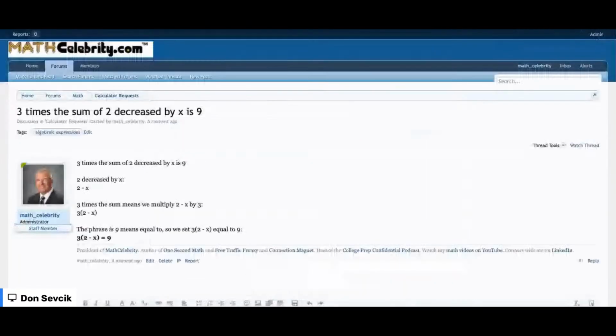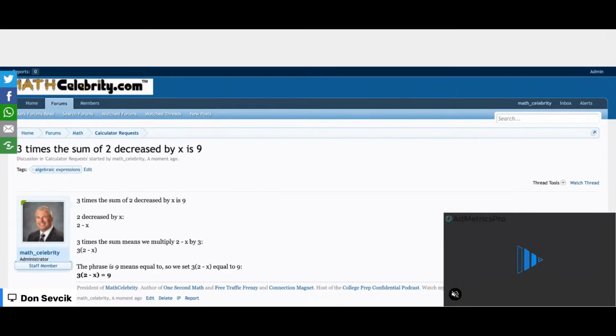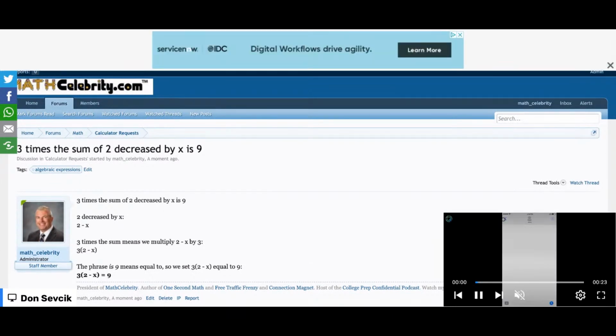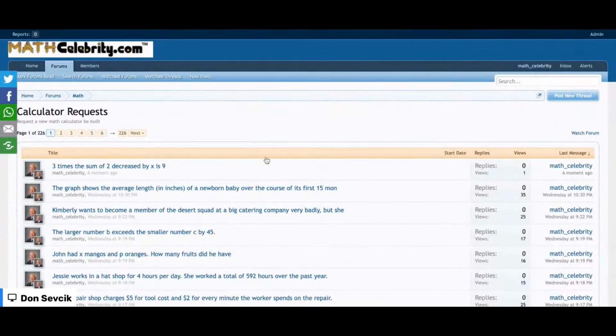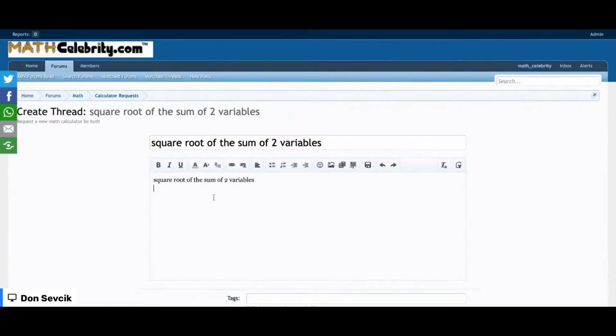Right, moving on. Square root of the sum of 2 variables. I think we've done this one before, but I want to do it again because it comes up a few times. The phrase 2 variables means we choose 2 arbitrary variables. Let's call them x and y.